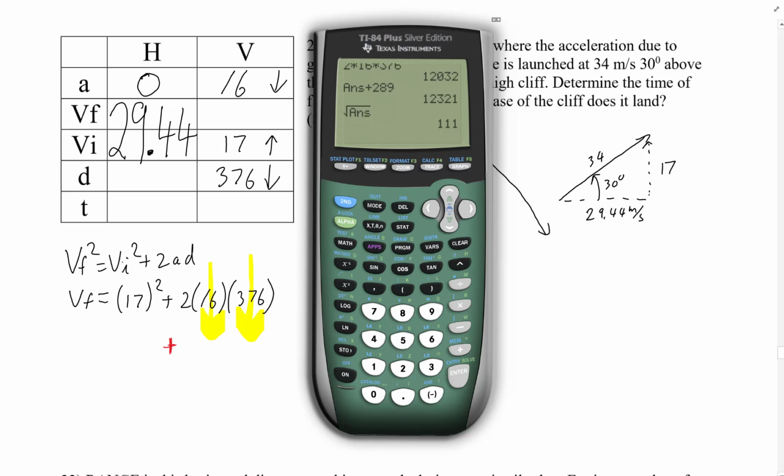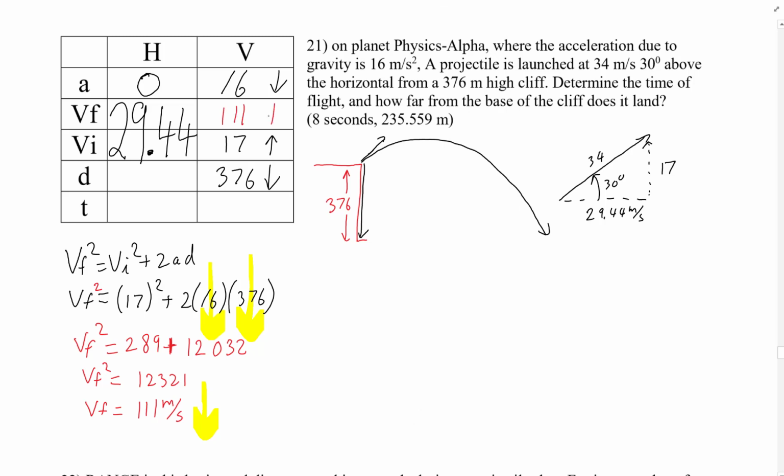So Vf squared is going to equal 289 and 12,032, so Vf squared was 12321. So Vf is going to equal 111 meters per second, and that will be down. Even though it's plus or minus, we're going to choose the downward one. 111 down.